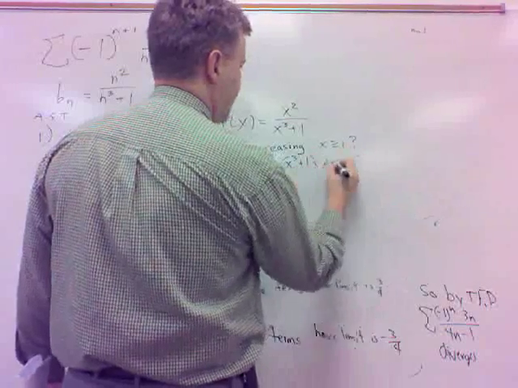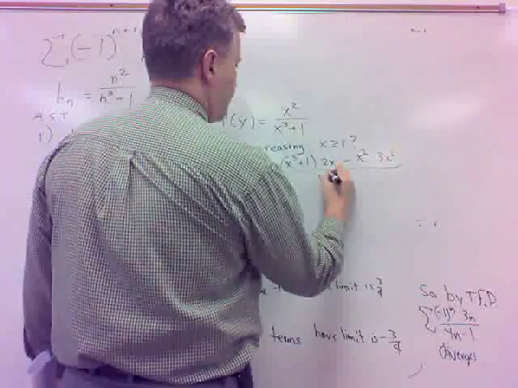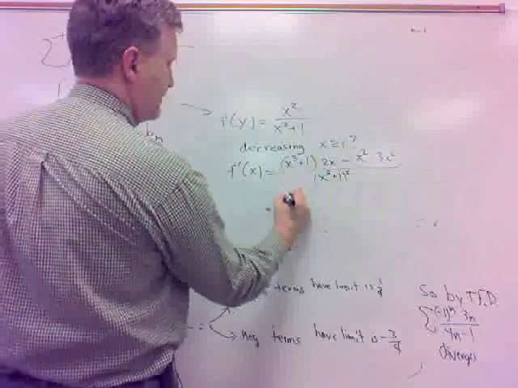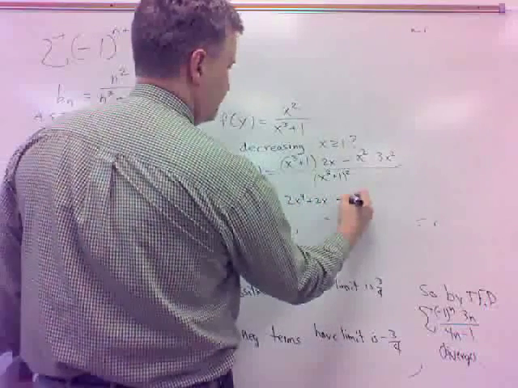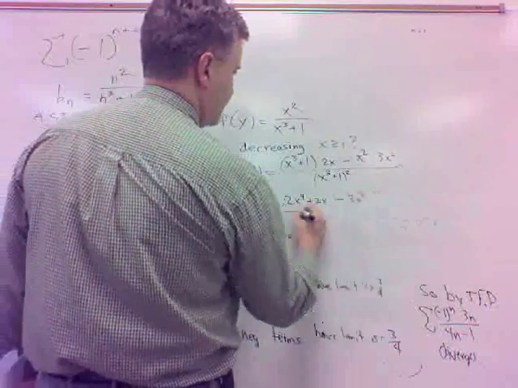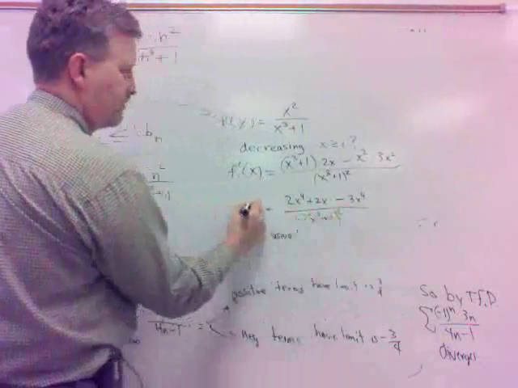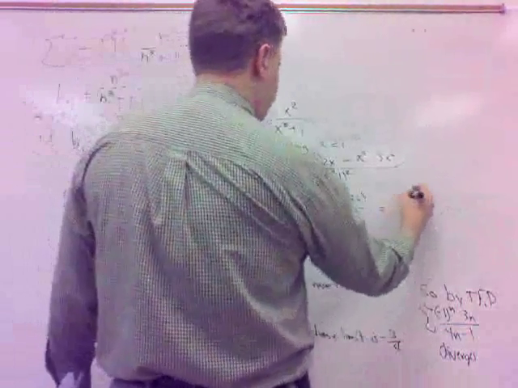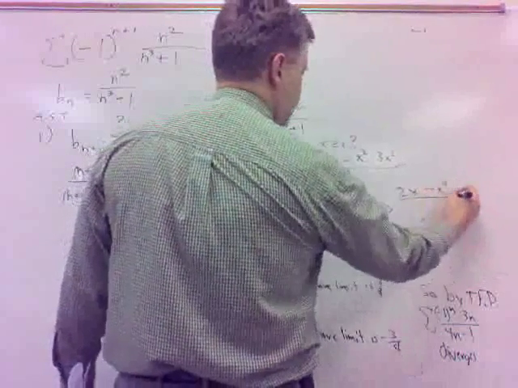Low d high minus high d low over low squared looks daunting, but if you simplify it out, that's 2x minus 3x to the fourth over the denominator. Basically, I want that equal to 0, which means 2x minus x to the fourth is equal to 0.